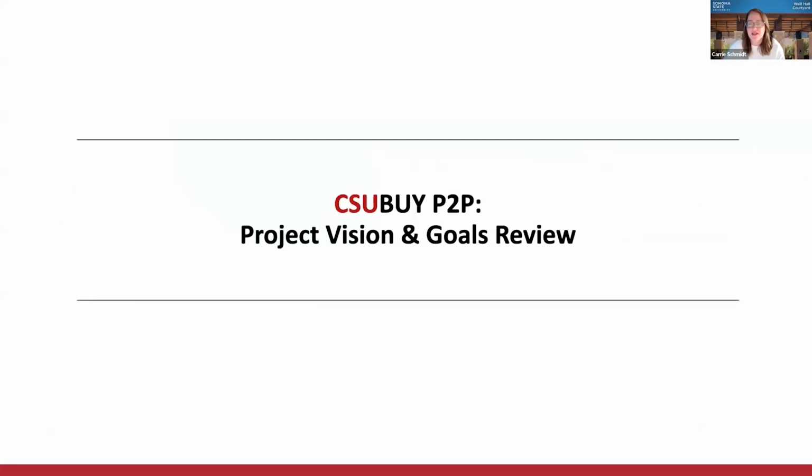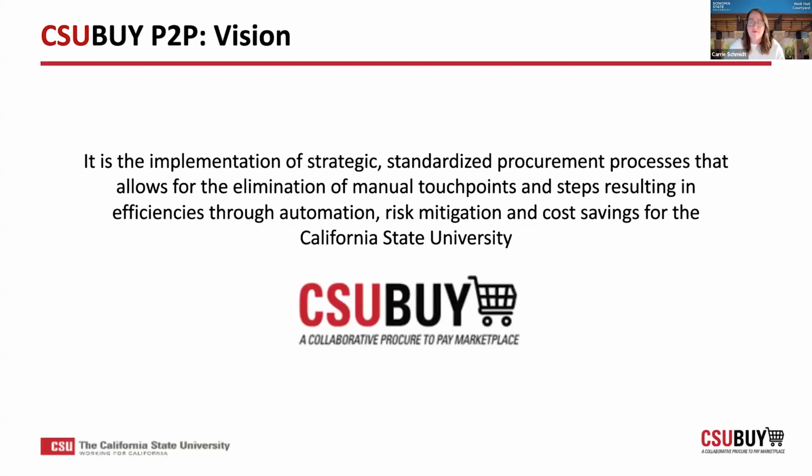Before we dive into functionality, let's take a moment to review the vision and goals of CSUBUY P2P. Understanding the why helps us better understand the design and decisions that have shaped this project. Our vision for CSUBUY P2P is to standardize procurement processes across the CSU, reduce manual steps, and drive efficiencies through automation.